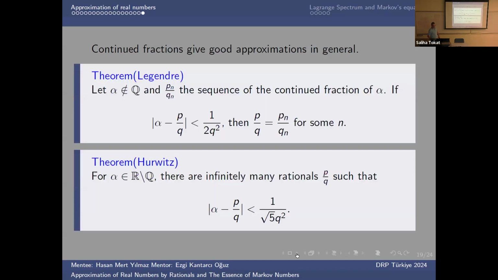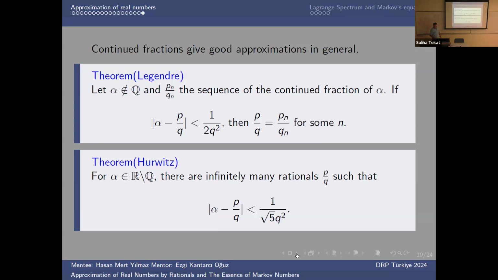Moreover, Lagrange said if P_n over Q_n is the sequence of the continued fraction, and if the Lagrange number of alpha is greater than 2, then this good approximation must be there in the sequence of continued fractions. Also, the theorem of Diophantine says there are infinitely many rationals for every irrational number such that the inequality holds. This means that every Lagrange number of irrationals is greater than or equal to square root of 5.